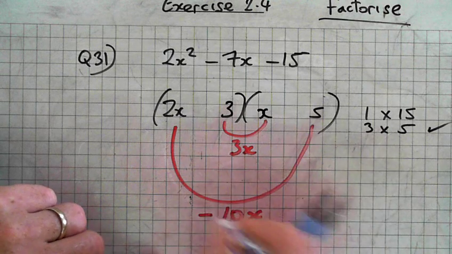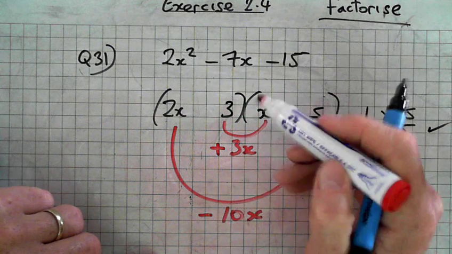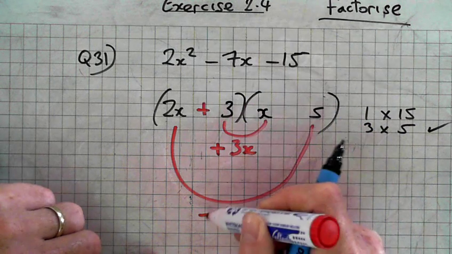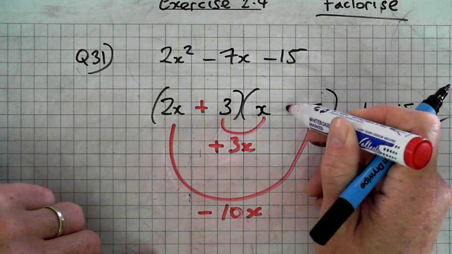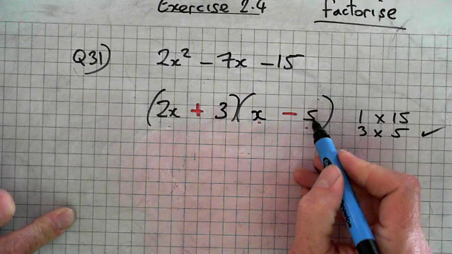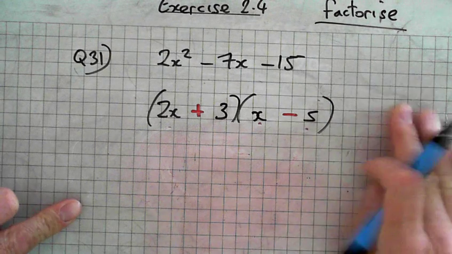Minus 10 plus 3, so minus 10x plus 3x. So the top sign, the plus, goes left, and the bottom sign, the minus, goes right. On the final check, multiply plus 3 times minus 5, minus 15. Okay, that's that done.